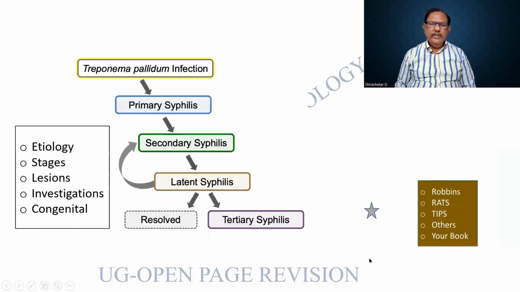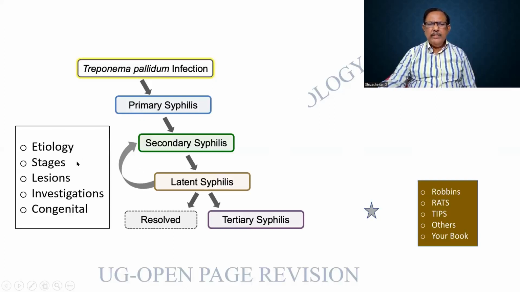The next question is syphilis. Earlier, if you know syphilis, you know medicine. That is the saying. So in syphilis, what is the causative organism? Treponema pallidum. How do you see it? Dark field microscopy. What is the etiology of it? What is the structure of the spirochete? See whether you have it.